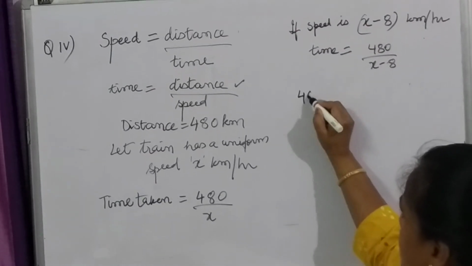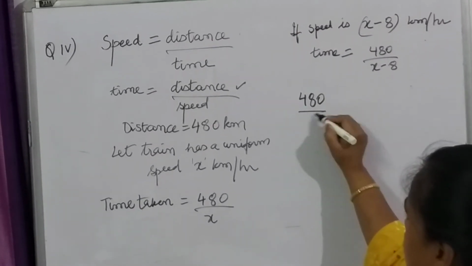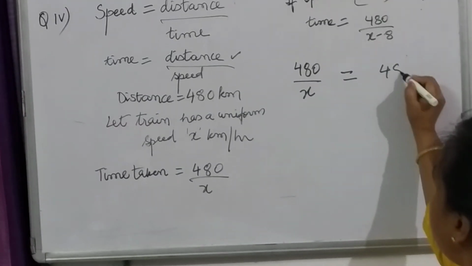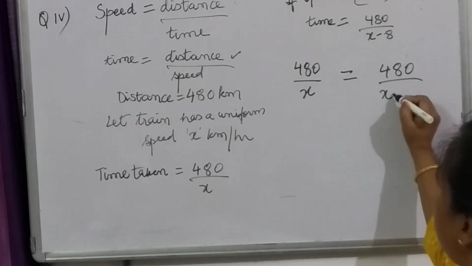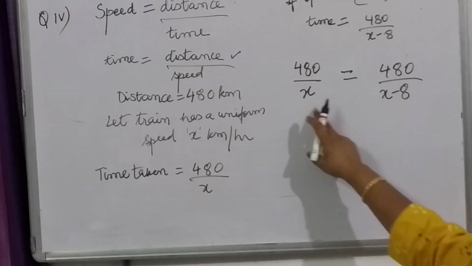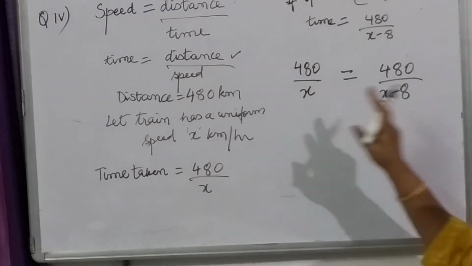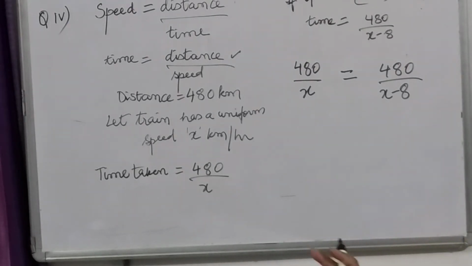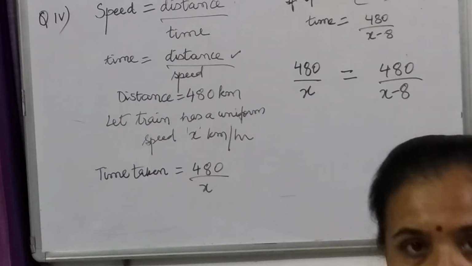What was my situation when it was going at a uniform speed? This. Now, what is the situation when the speed is reduced by 8 kilometers? This. This is the time taken at the uniform speed. This is the time taken when the speed is reduced by 8 km per hour. But they are saying that when the speed is reduced, it takes 3 hours more to reach the destination.